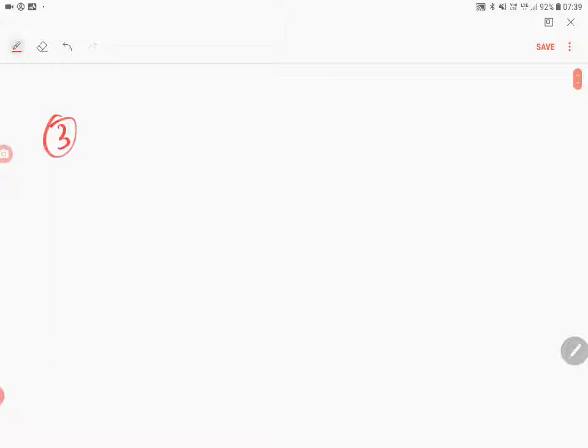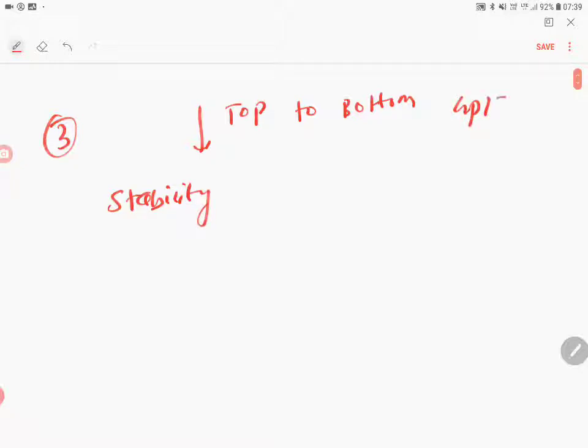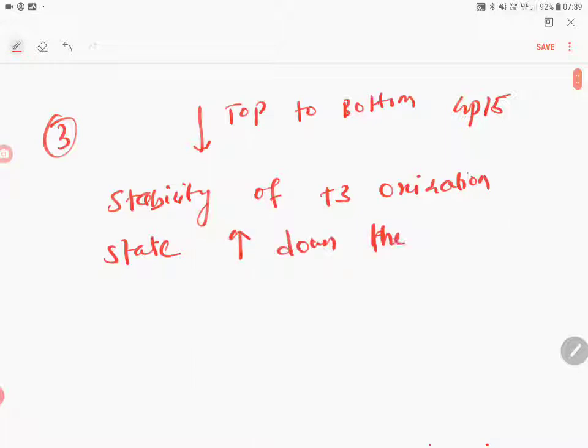When we move down the group from top to bottom, the most important thing with respect to group 15 is that the stability of the +3 oxidation state increases down the group. This is due to the inert pair effect.